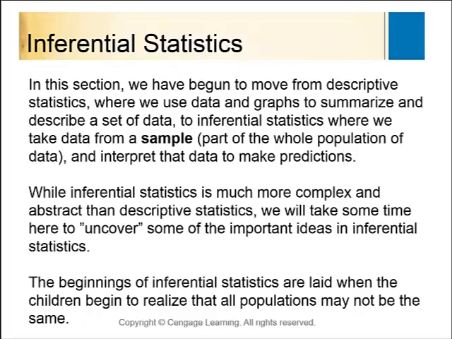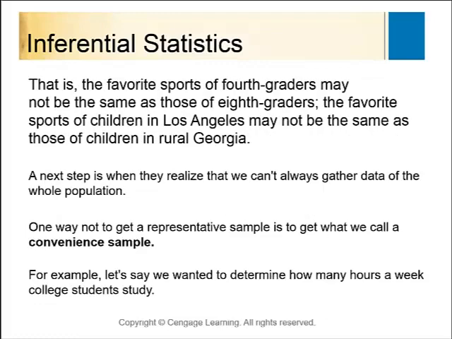So we don't want to do that, although drug companies tend to want to do that so that you will buy their products. So you do have to be careful about where the sample is drawn from. Such as if we're talking about favorite sports of 4th graders, it depends on where you ask those 4th graders.